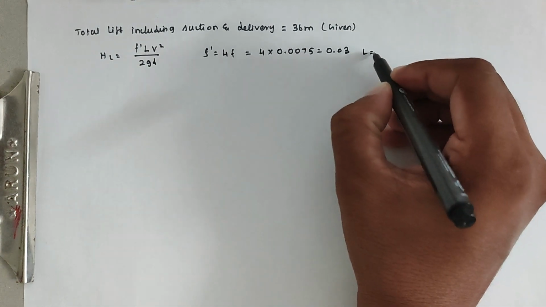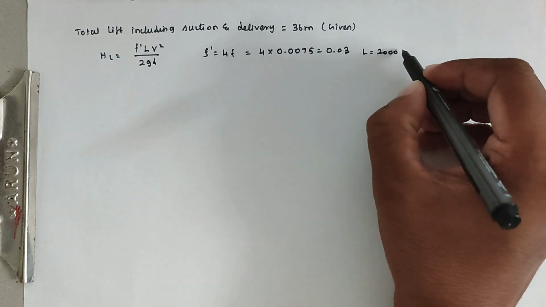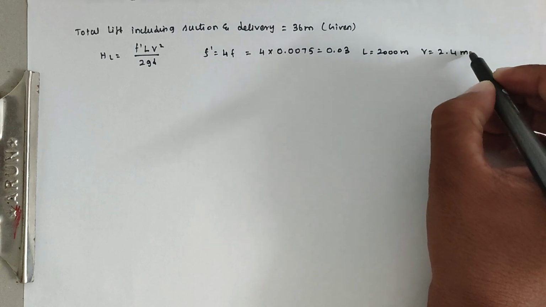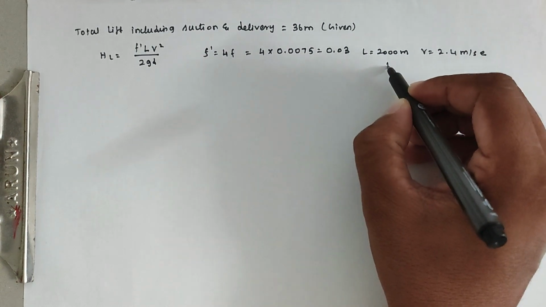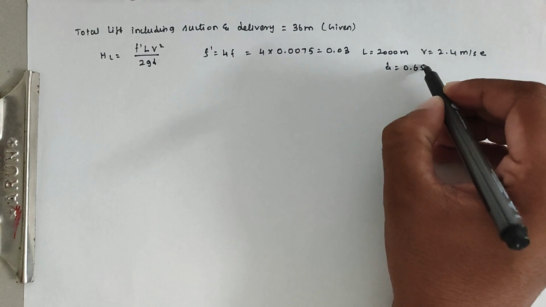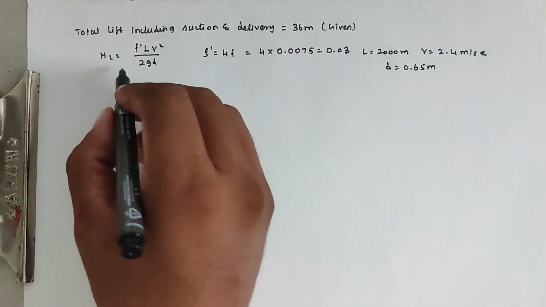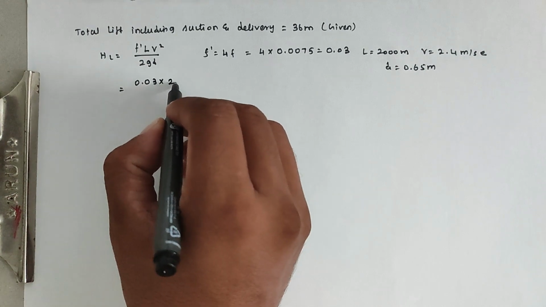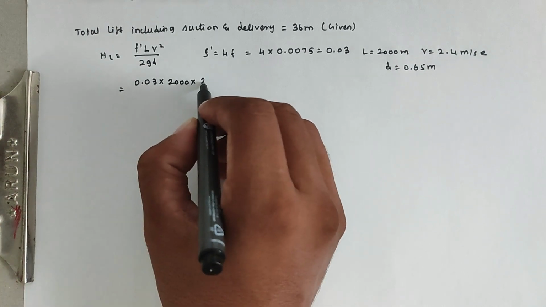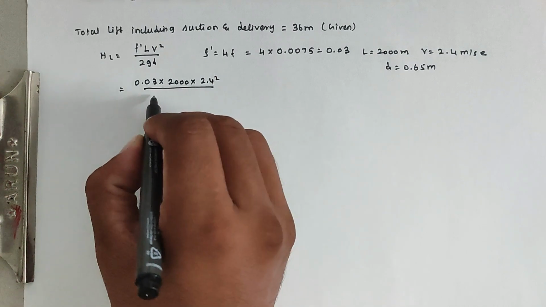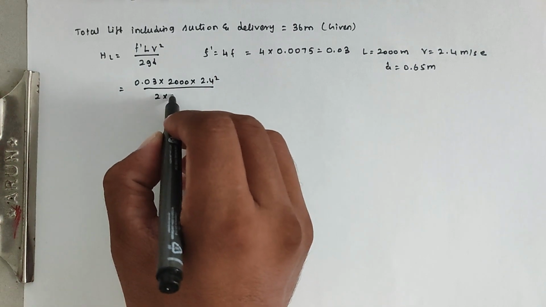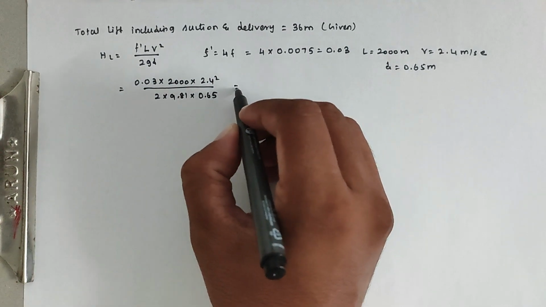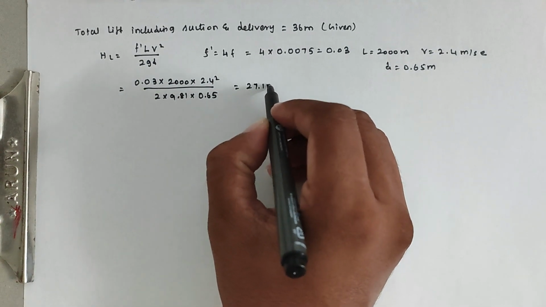L is 2000 meters. V is 2.4 meters per second. Diameter is 0.65 meter. Substituting: HL equal to 0.03 into 2000 into 2.4 square divided by 2 into 9.81 into 0.65. Solving this we get 27.1 meters.